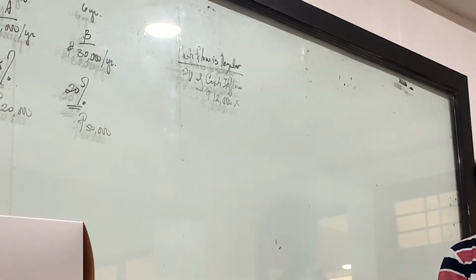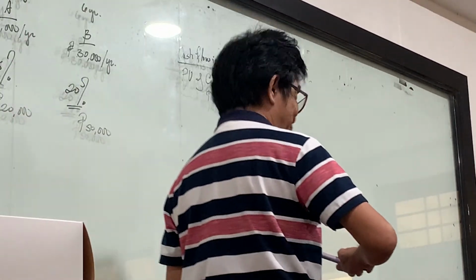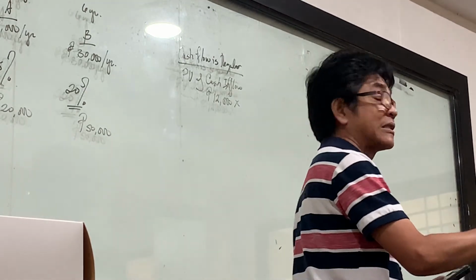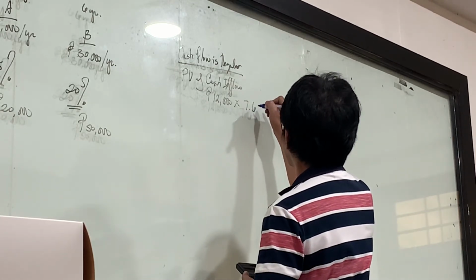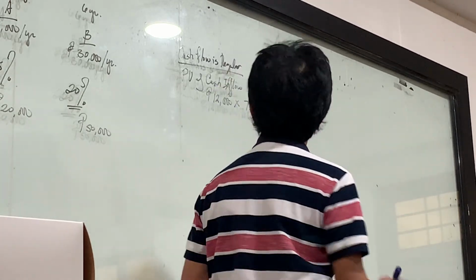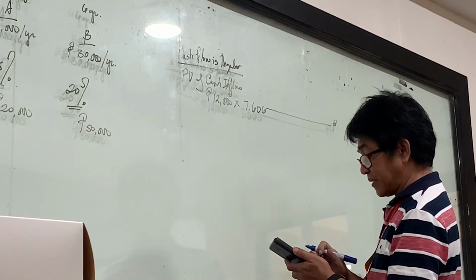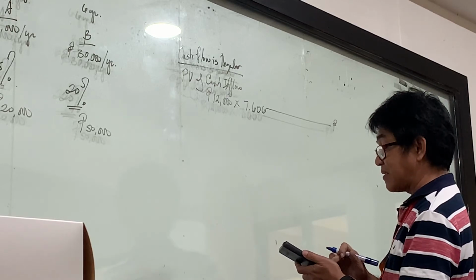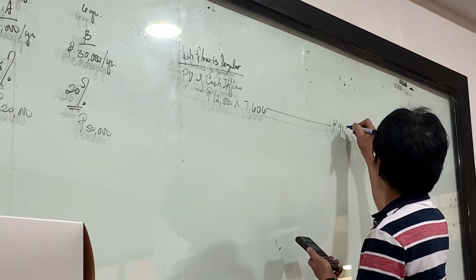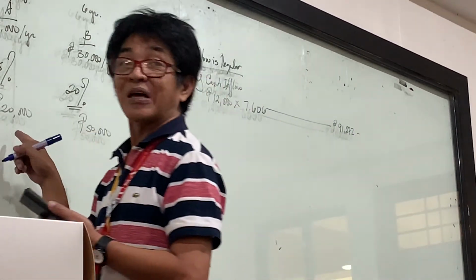7.606. Sakto? Okay. So that will be 12,000 times the present value factor of an ordinary annuity at 10% for 15 years. That will give you 7.606. Tatlo lang ang decimal points, ha? This will give you 7.606 times 12,000. That will give you 91,272 plus may salvage value pa sa kuno nga 20,000.